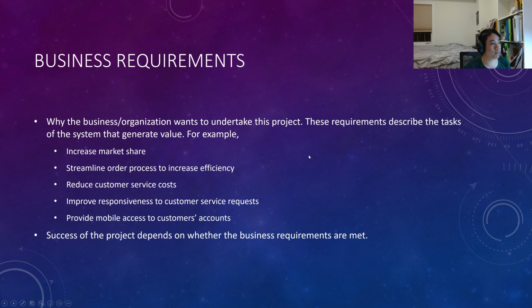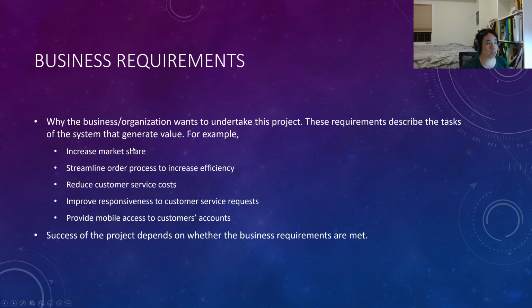So in business requirements, we take a look at why the business we are working with needs this product out in the open or out to the public. When you're documenting business requirements, you pretty much describe the tasks of what the system needs to do so that it can generate value for the business.